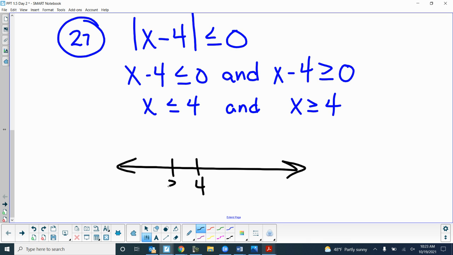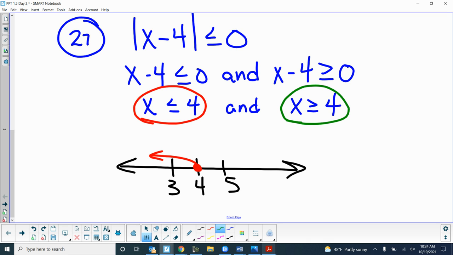All right, so when I do my number line graph, I got my number line. For this one, we'll do in red. That's like that, right? And this one we'll do in green, and that's like that, right? Since it's an and, I want to see where those two graphs overlap.